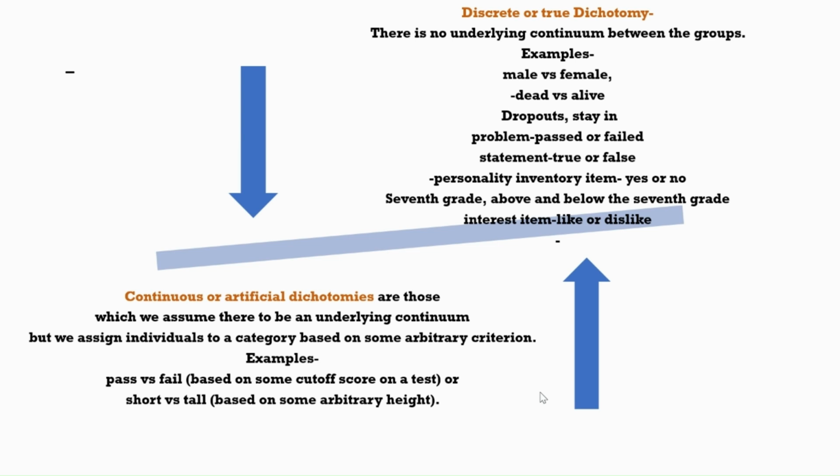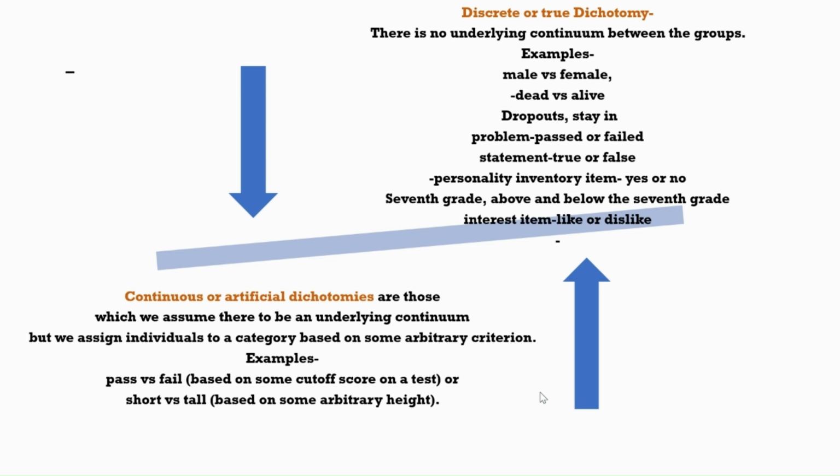But opposite to this, there may be a dichotomy, but dichotomous variables are made on the basis of some criterion, and this is continuous or artificial dichotomies. Continuous and artificial dichotomies are those in which we assume there to be an underlying continuum, but we assign individuals to a category based on some arbitrary criterion.